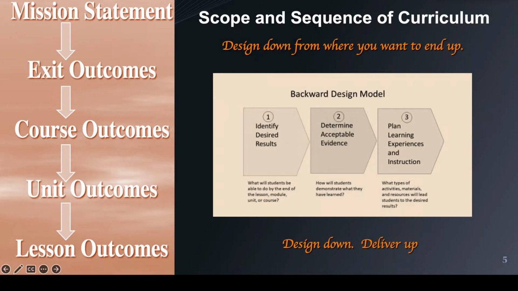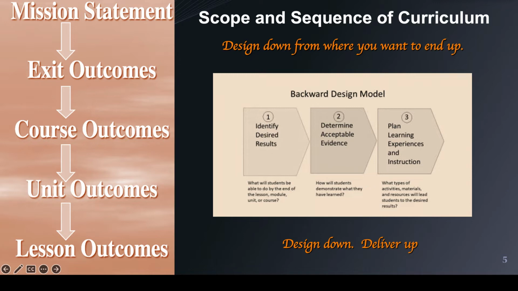And when you looked at the public school, it usually started with the mission statement, and from that mission statement, the staff and school board adopted exit outcomes for each of the grade levels and for each of the courses in the secondary area.